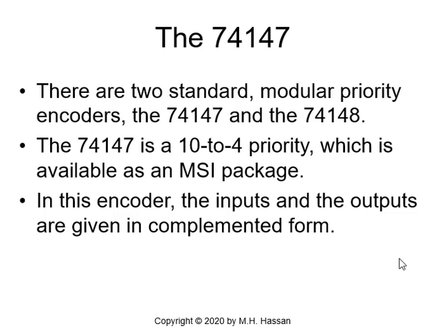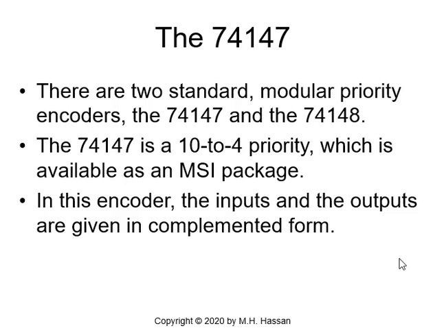The 147 is a 10 to 4 priority encoder, which is available as an MSI, medium scale integration package. In this encoder, the inputs and the outputs are given in complemented form.